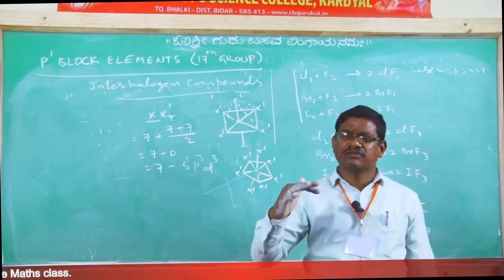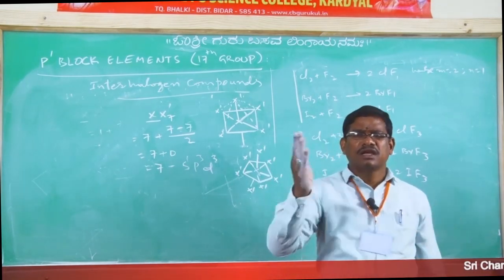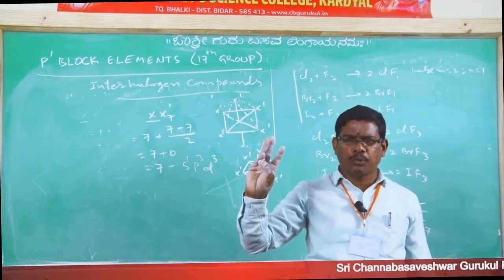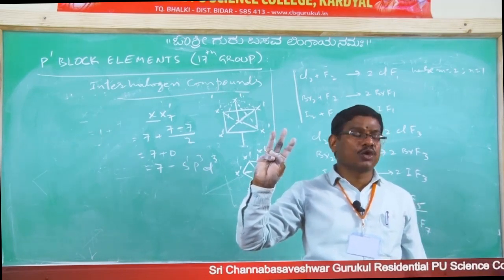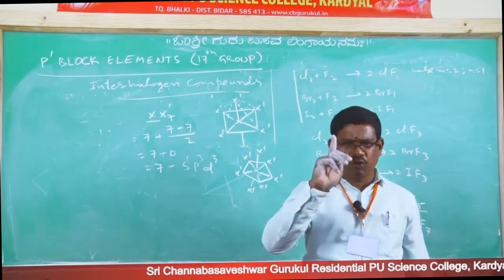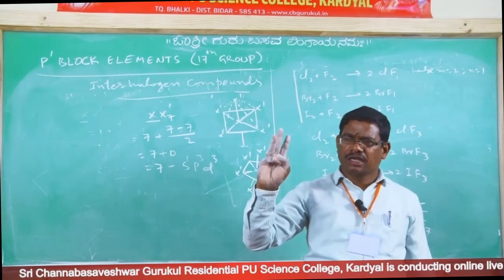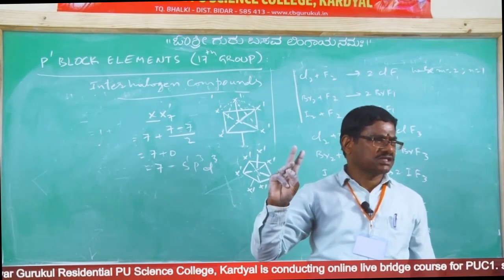Then after that, next chlorine you have in your syllabus: methods of preparation, properties, uses, followed by hydrochloric acid or hydrogen chloride. Methods of preparation, only one method is covered, according to Glauber. Then hydrochloric acid preparation, then its properties.